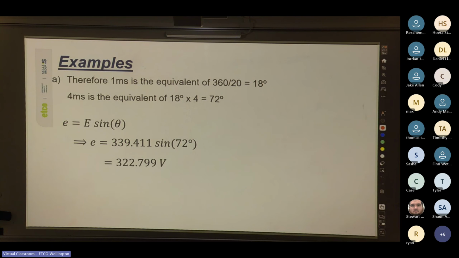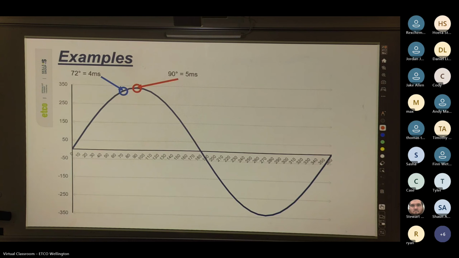So yeah, it gives us an instantaneous voltage of 322.799 volts. Because if we were to round that up, it would end with 0.8. So this is where they would be on the sine wave. Cool.